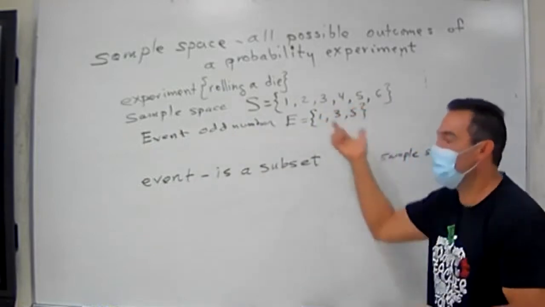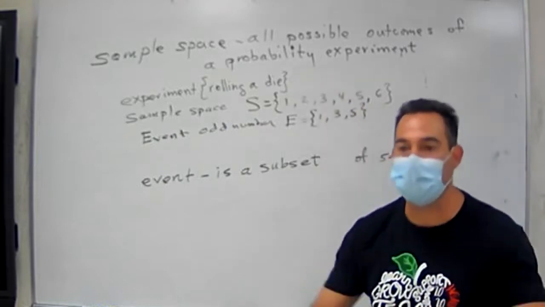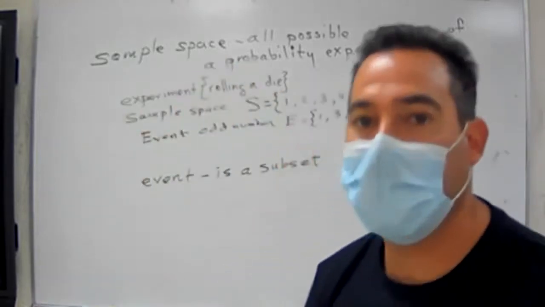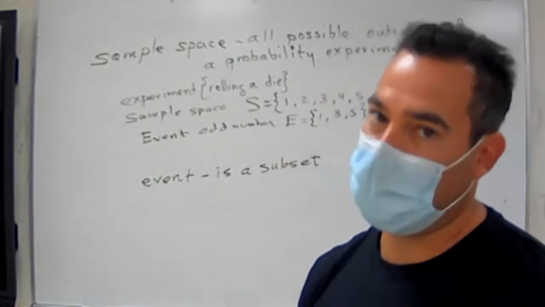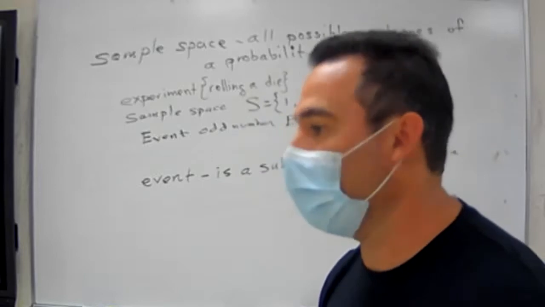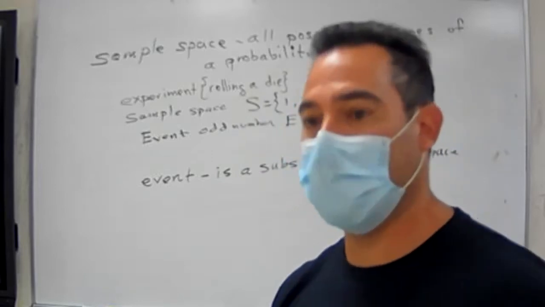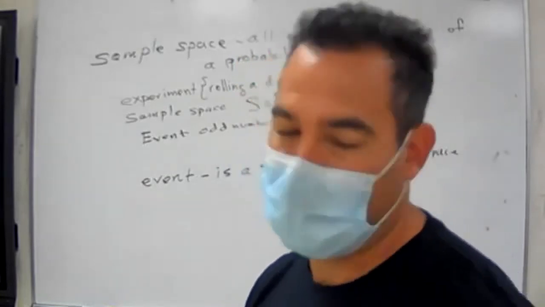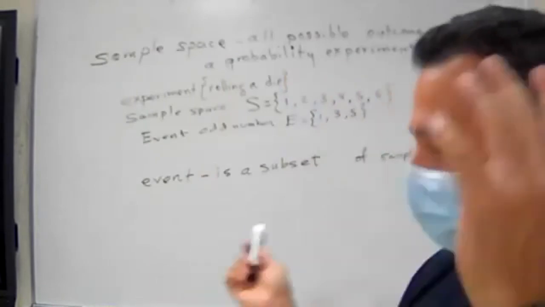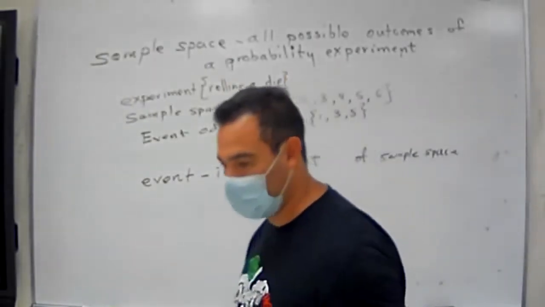This is a subset of the sample space. The sample space is all possible outcomes that you can have. An event is a particular subset that we're interested in. Now, one might say the sample space is itself a subset of itself. Maybe, but that's not what we mean here.